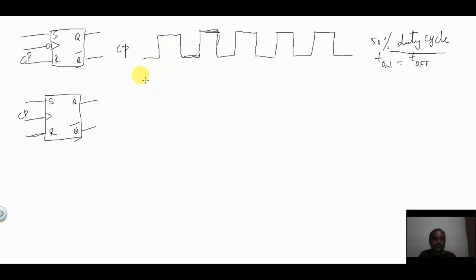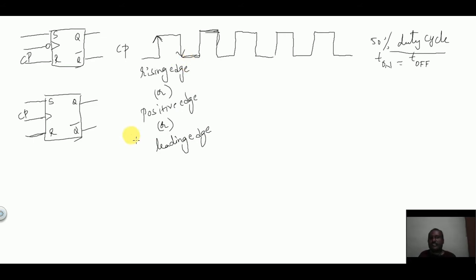So the basic difference between latch and flip-flop exists in the way they change their outputs. In the clock pulse you have two types of edges. This edge is called the rising edge, or positive edge, or leading edge.